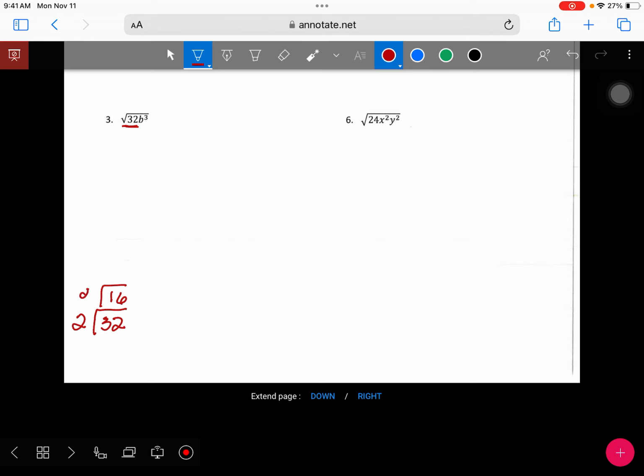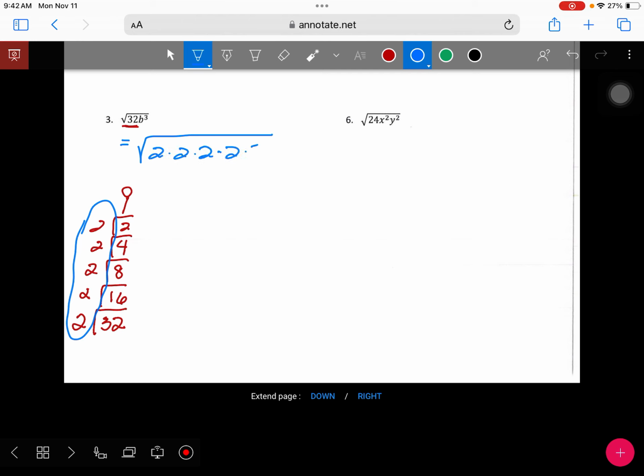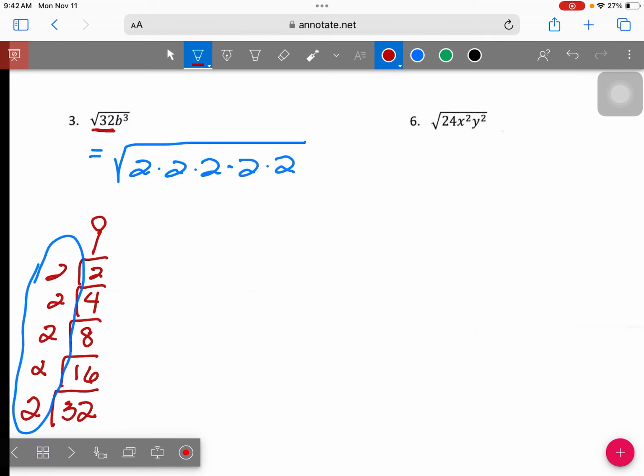Another even number, divide by 2 and get 8. Divide by 2 and get 4. Divide by 2 and get 2. Divide by 2 and get 1. This is the prime factorization of 32, which we need. So this is going to be 2 times 2 times 2 times 2 times 2, b to the 3rd.